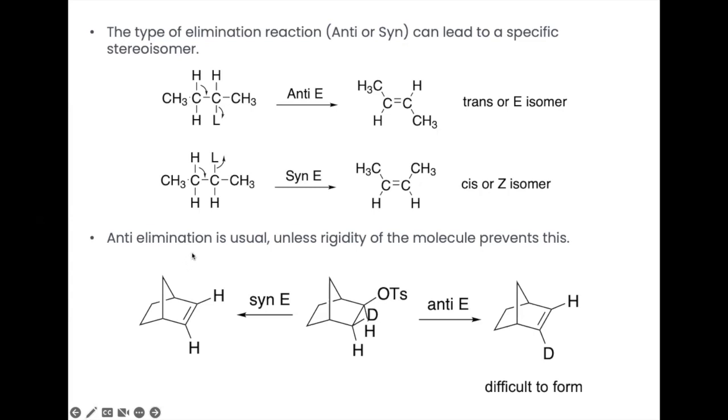Okay, now in some cases, if the molecule is quite rigid, preventing anti-elimination, then it will favor syn elimination. Okay, so here is a good example, no, to illustrate that. Kasi sabi natin, anti-elimination is typical.